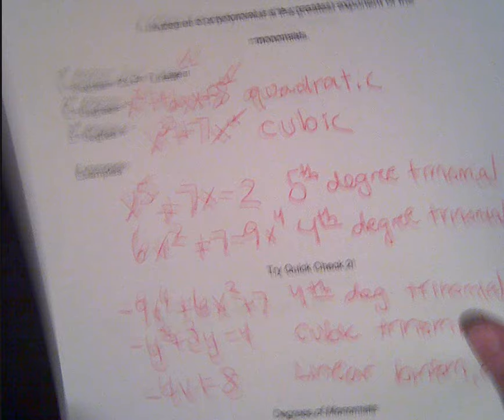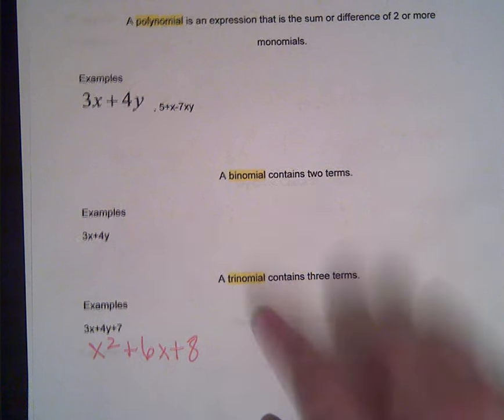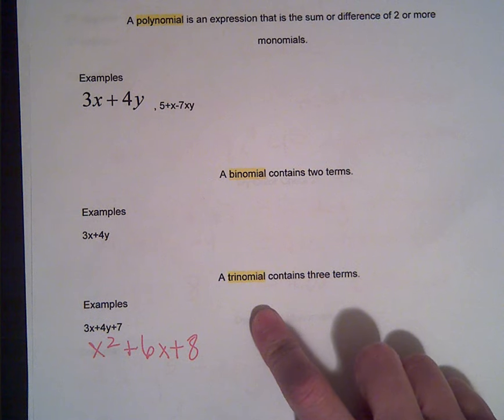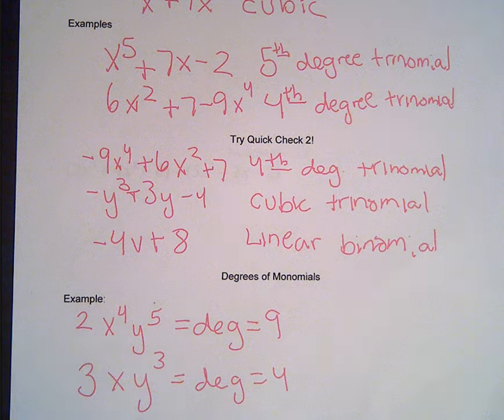If it's more than 3, then we just say it's a polynomial. A trinomial and a binomial are types of polynomials, they're just specifics. If it's 2 terms, binomial; 3 terms, trinomial; 1 term, monomial.